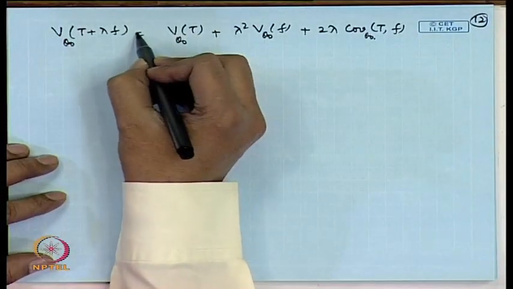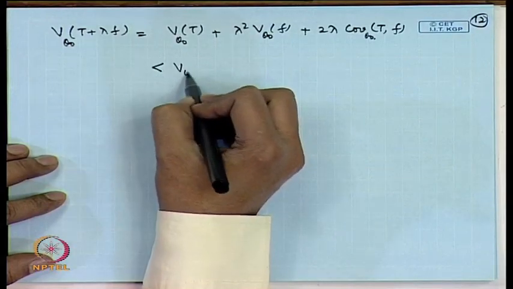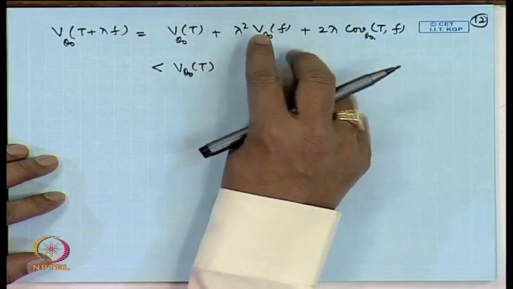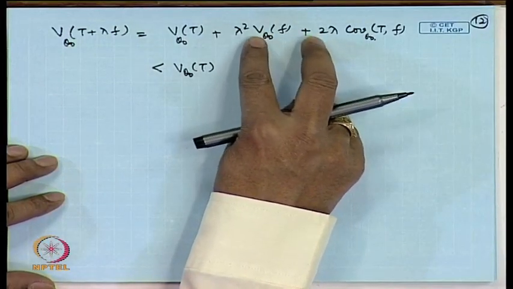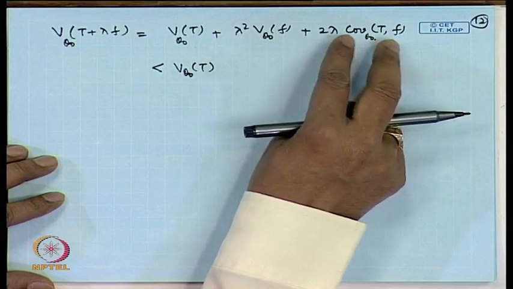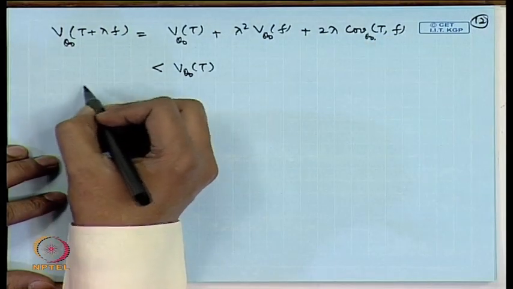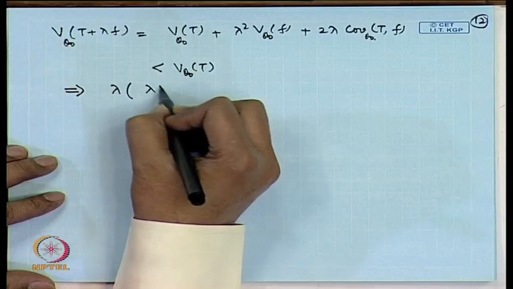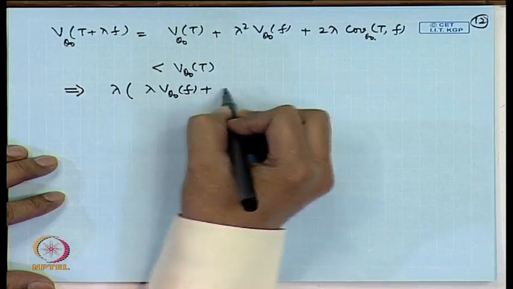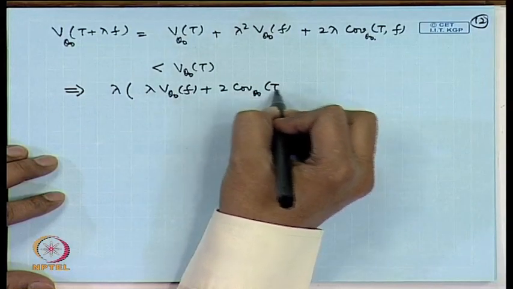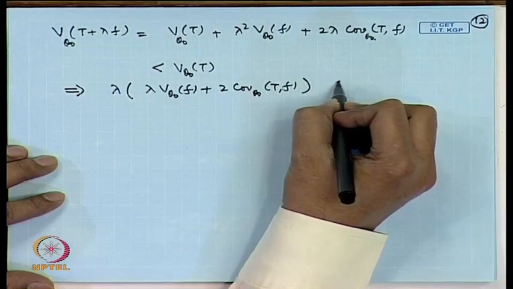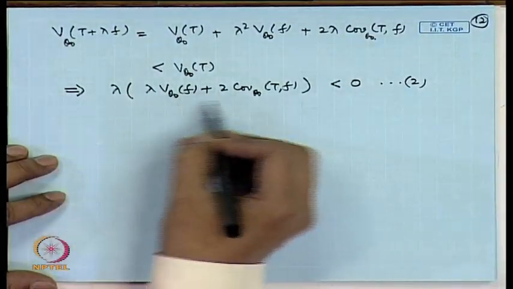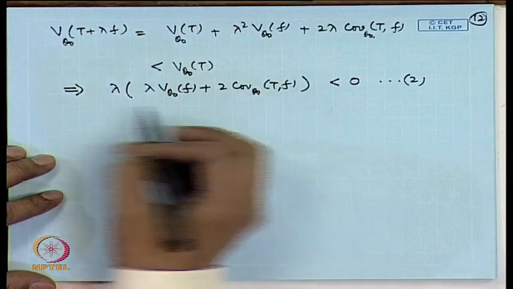Now, if I put a condition here that this is less than variance at theta naught of T, then this thing cancels out and it is reducing to a quadratic being less than 0. That means this condition is equivalent to lambda into lambda variance at theta naught of f plus twice covariance at theta naught of T and f less than 0. So, this condition obviously can be satisfied.